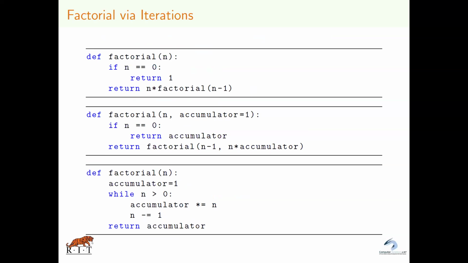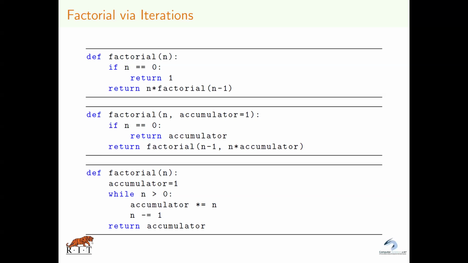Okay, now let's do the same for factorial. The first factorial is the last week's factorial, the general recursion. The second factorial is the factorial with accumulator, so it's a tail recursive factorial.